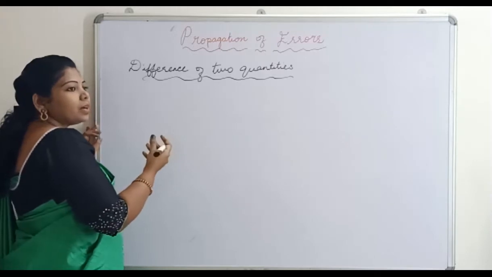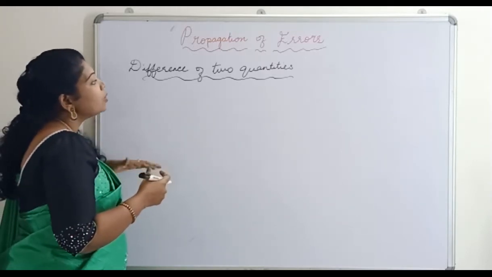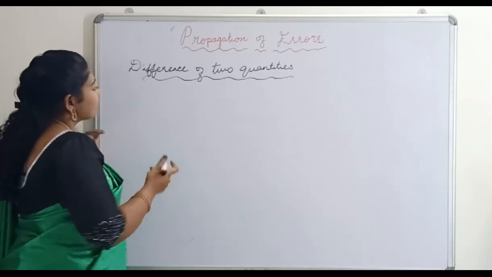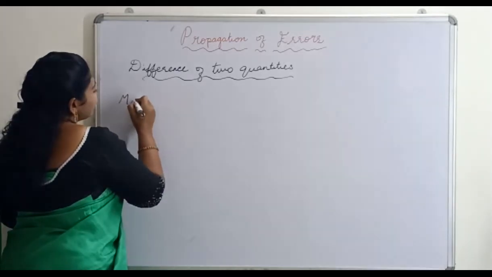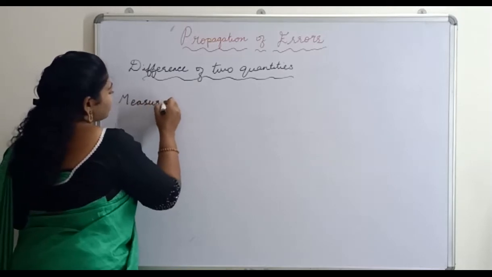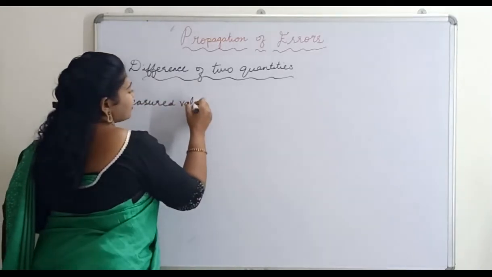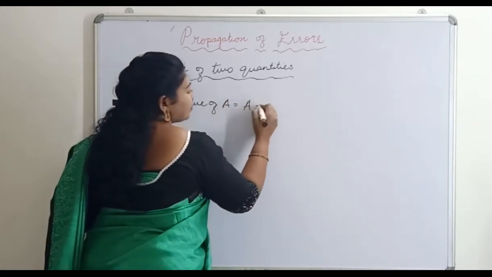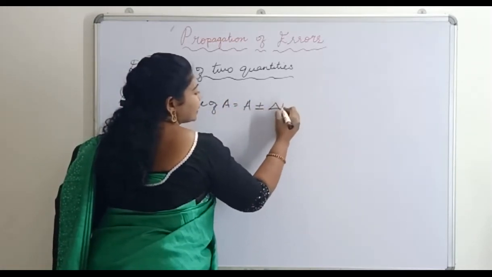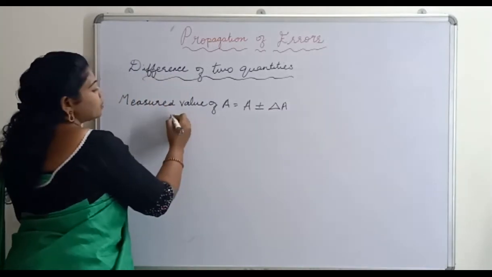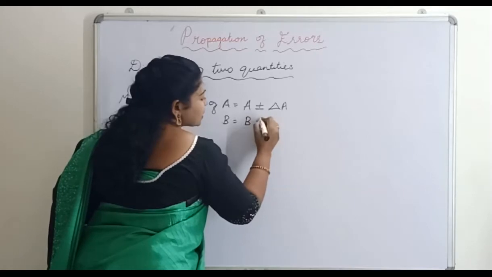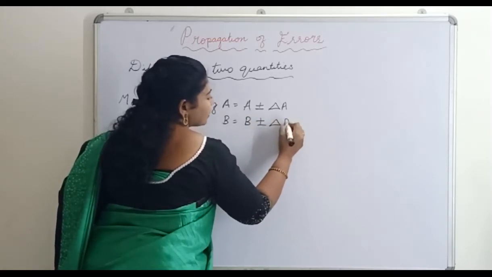Similarly, we follow the same steps we used for finding the sum of two quantities. Here also, the measured value of A is equal to A plus or minus delta A. Likewise, the measured value of B is equal to B plus or minus delta B.